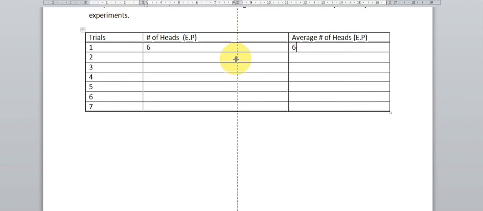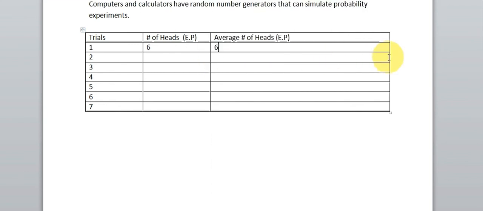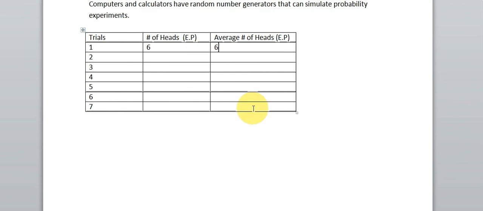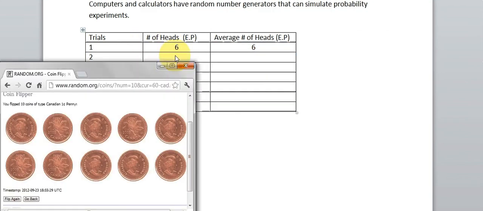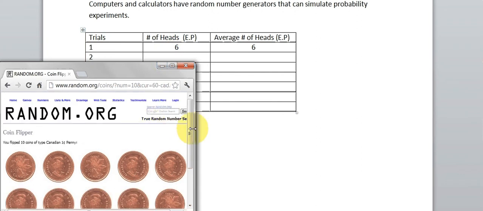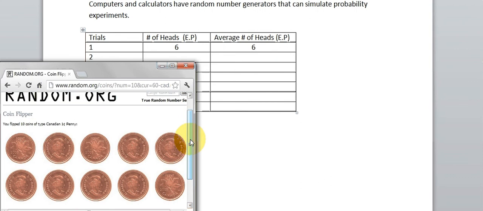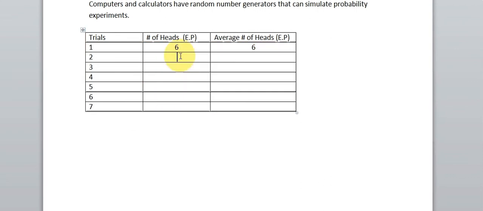Okay, let's do another roll. This time we've got 1, 2, 3, 4, 5, 6, 7 heads. That's probably not what you'd expect, right? You'd expect 5 if it's 50% chance. So now our average is going to change. So how do we discover what the average is of 2 separate trials? Well, in each trial we flipped 10 coins, so total 20 coins so far, and we've gotten 13 heads.